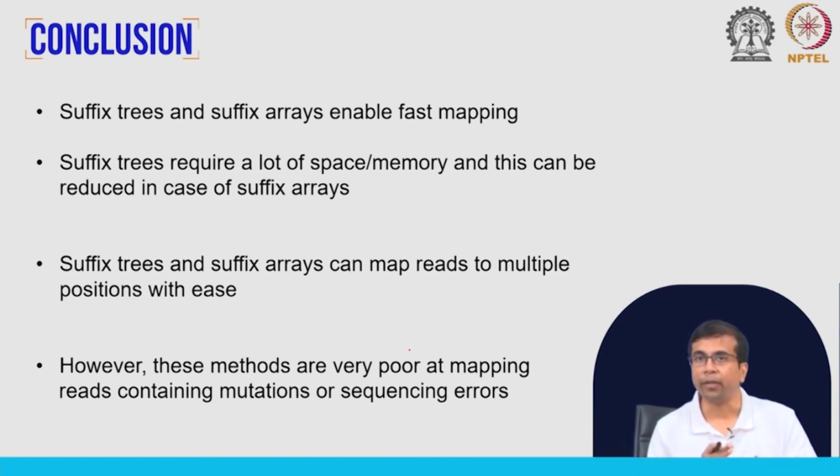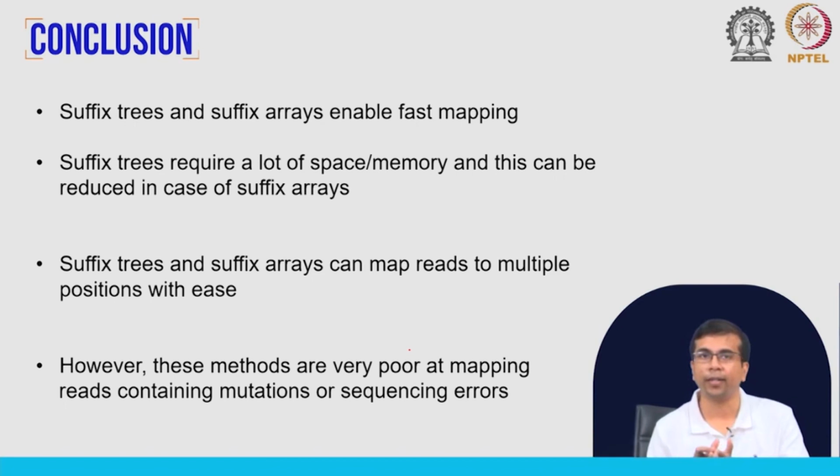But given the limitation, for example, the memory and space requirement, this is something that has not been worked upon that much, because what we want at the end is a method that is fast, that can handle this kind of mapping to multiple repeat positions, but also does not take too much space or memory. So we should be able to do this mapping process on a normal desktop or laptop computer.